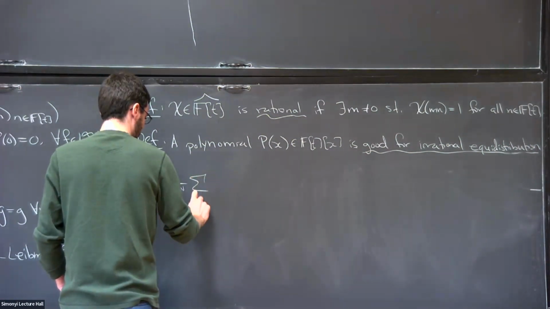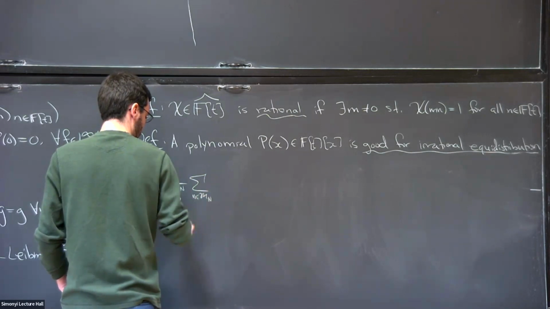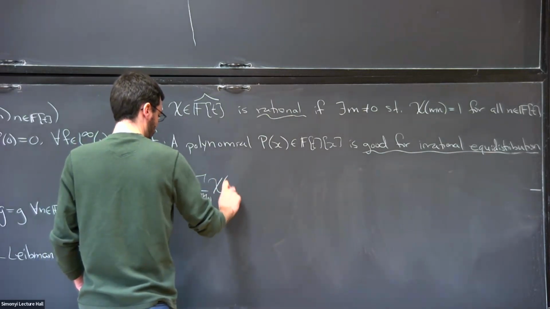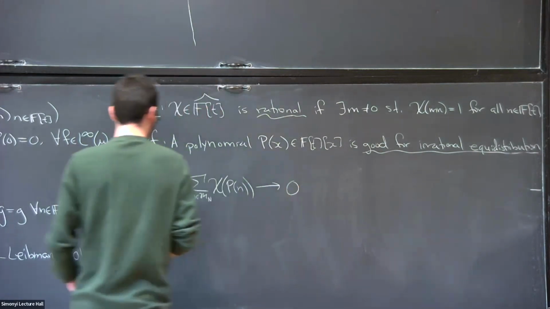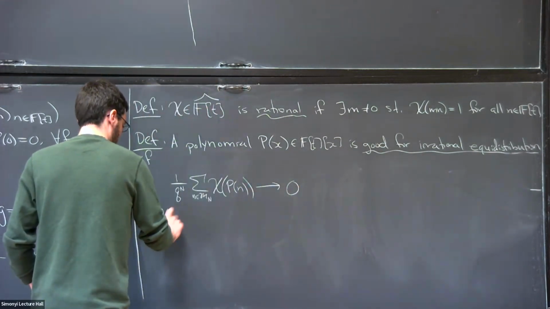Any Følner sequence will work. I want this to converge to 0 for every irrational character.